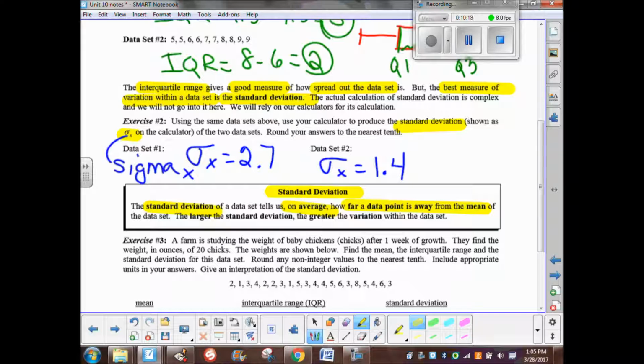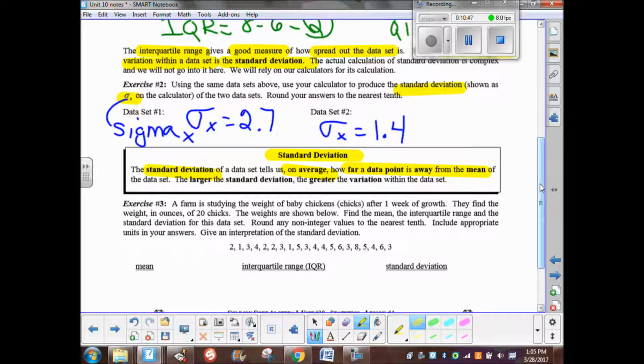How far a data point is away from the mean. We know how to calculate the mean, and the standard deviation is that distance from the mean to a data point. So the larger the standard deviation, the more spread out our numbers are going to be, and the smaller the standard deviation, the closer those numbers are going to be.